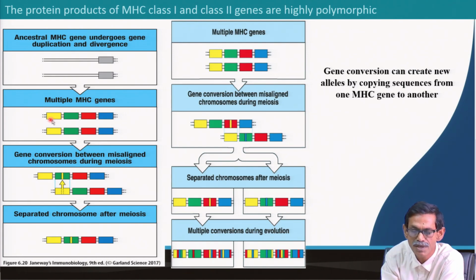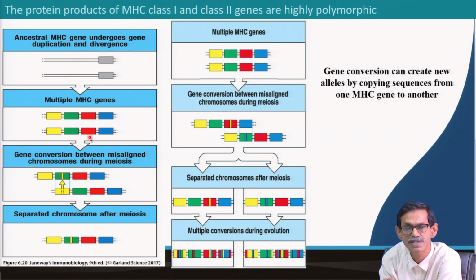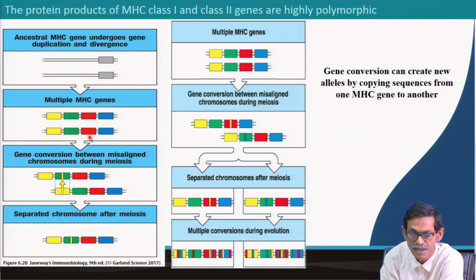Okay. When very similar genes, their structures and their sequences are very much identical, maybe a little different, what happened during cell division? You know, 2 chromosomes, at the crossing over time, they may misalign. It is not a recombination. Before recombination, they may misalign 2 chromosomes.